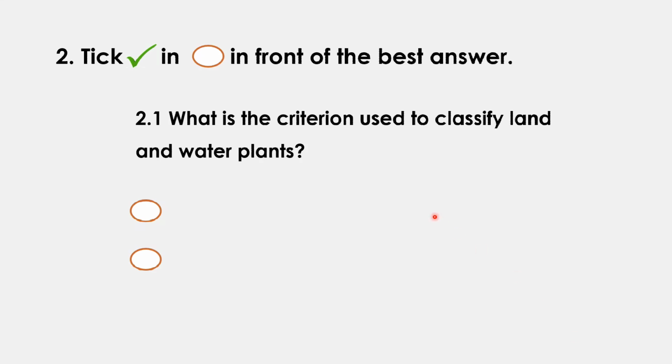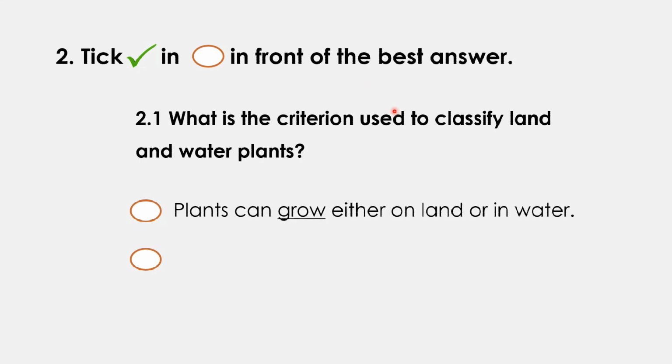Okay, for number 2, you have to tick, check in the circle in front of the best answer. What is the criterion used to classify land and water plants? So when we are classifying land from water plants, is it that plants can grow either on land or in the water?